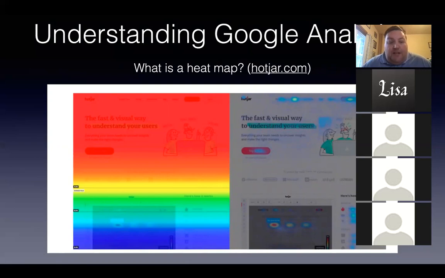As you scroll down, it starts to get lighter. And then about halfway down the image, you'll see a line, hard to see what it says, but that's the average of where a website user will go, at least in this particular case on this website for Hotjar. Below that, that's when you start losing people who want to scroll down the page.